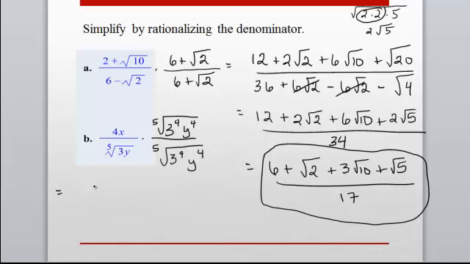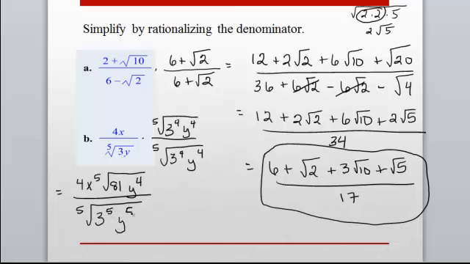Now let me write that out so you can see what it looks like. 4x times the 5th root of 3 to the 4th power would be 81, and then y to the 4th, all over. Well, in the denominator, we're going to have the 5th root of 3 to the 5th, y to the 5th.